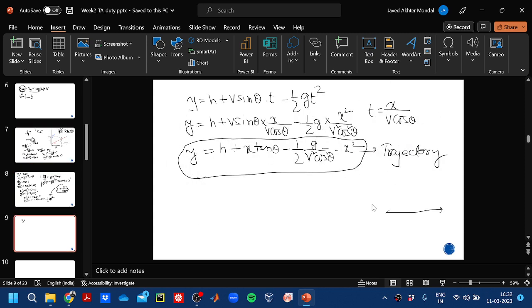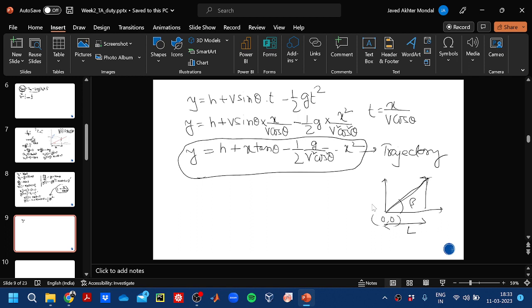Now we want to know the equation of this trajectory. So this is beta, and this is our origin 0 0, and how the inclined plane is, the equation of this line. So suppose this has length L. If this is 0 0 point, then what will be this point?